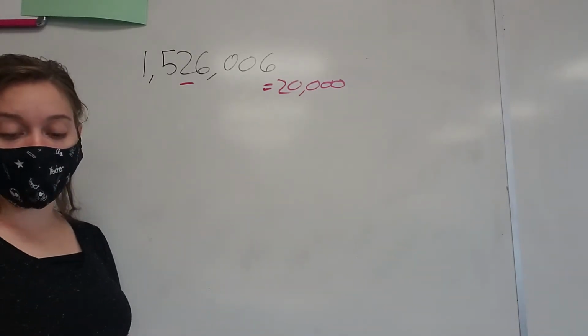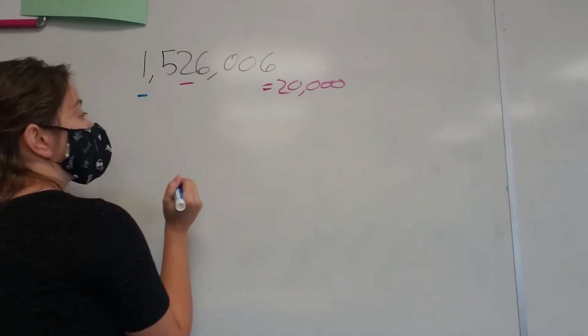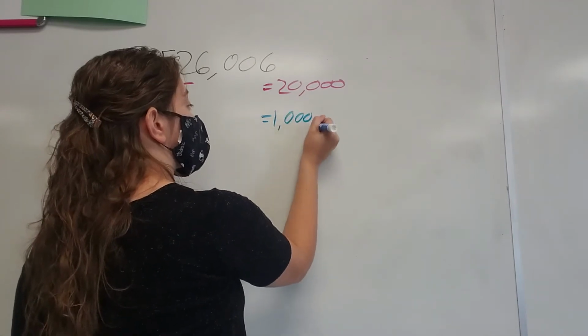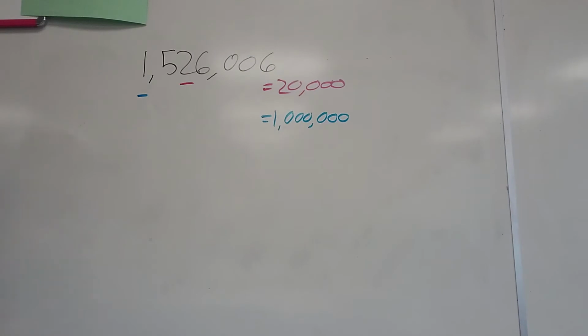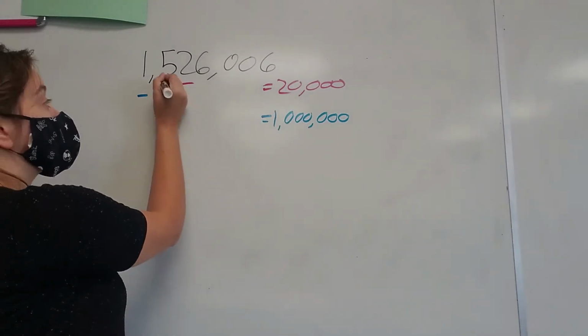Then they want to know what the value of my 1 is. What's the value of my 1, Joseph? Do you know? 1 million. Good, 1 million. You need 6 zeros. And then they want to know what was the value of the 5.